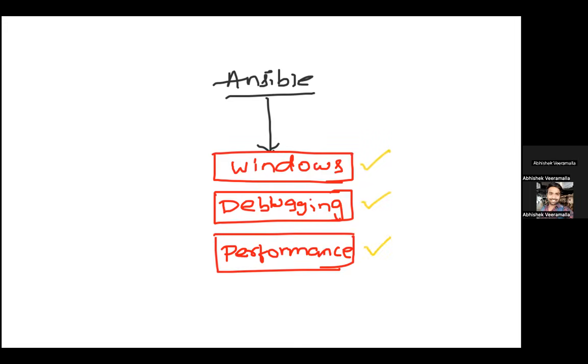Ansible today can manage thousands, even tens of thousands of servers, but when you're doing parallel execution or dealing with tens of thousands of servers, you might run into some performance issues, and Ansible is dealing with these problems.